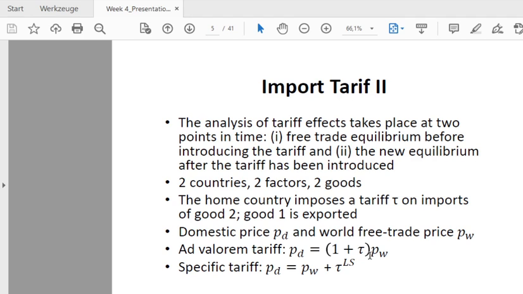And 1 plus tau multiplies the international price. The specific tariff would be expressed by this formula. Here we have the domestic price is equal to the world price plus the lump sum tax or tariff, right?